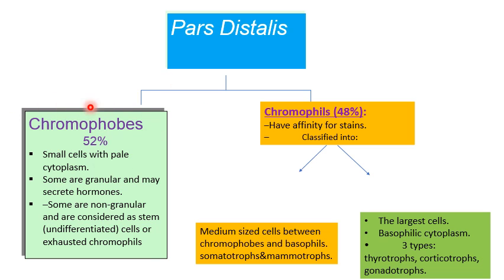Chromophobes, the major part, 52%, are small cells with pale cytoplasm. Some are granular and may secrete hormones. Some are non-granular and are considered stem cells or exhausted chromophils.